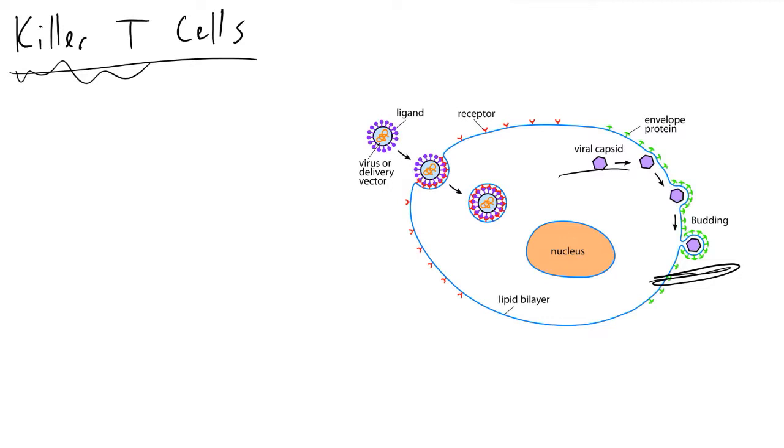And so what makes killer T cells so beautiful is that within a normal healthy cell, we have things called MHC proteins, MHC Class I proteins. These MHC Class I proteins are on the surface. They're membrane-bound proteins that will display peptides on their surface.